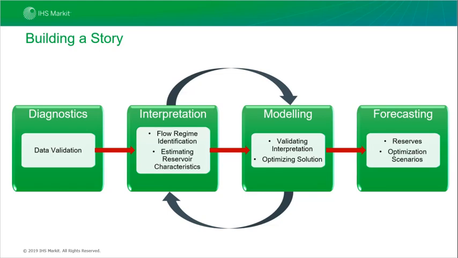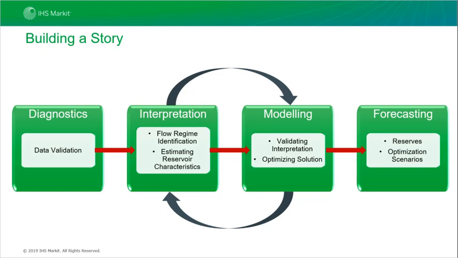After diagnostics, it's a good idea to then go on to interpretation, and this involves your flow regime identification and estimating your reservoir characteristics, so you can identify some important system parameters and qualify your uncertainty.